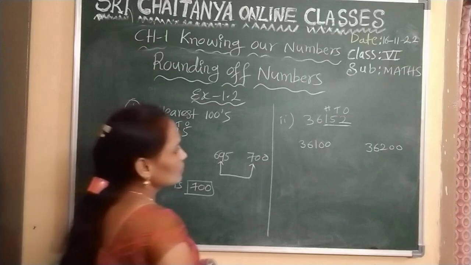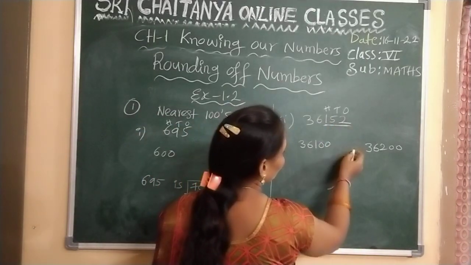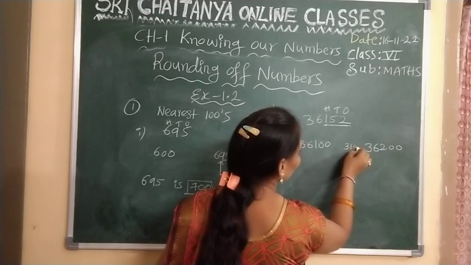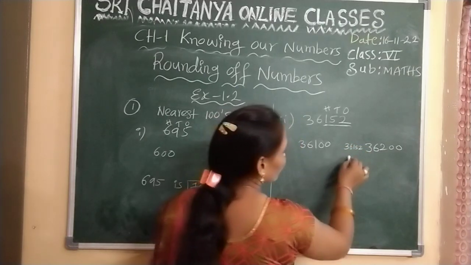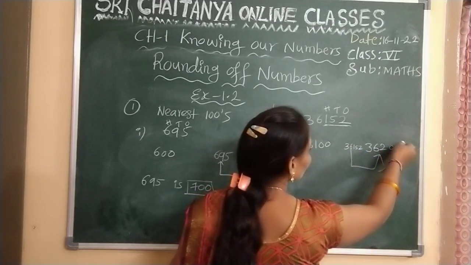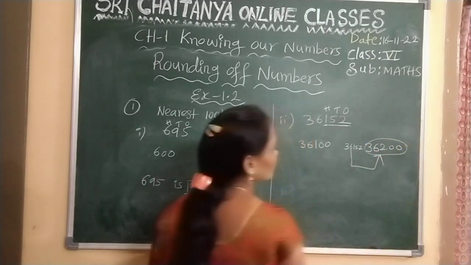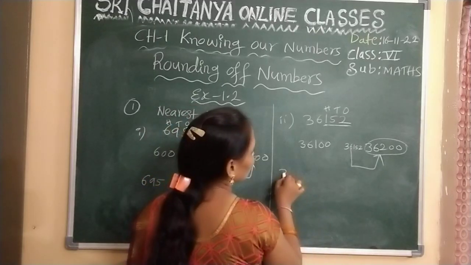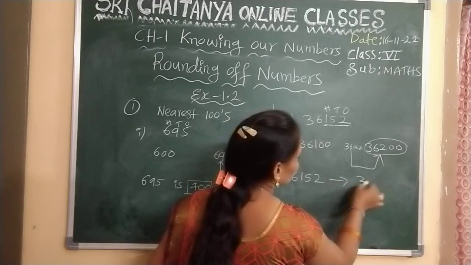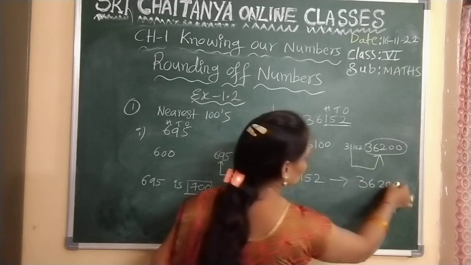Here 36,152 is near to 200. 152 is always near to 200. So the rounding of 36,152 is 36,200.